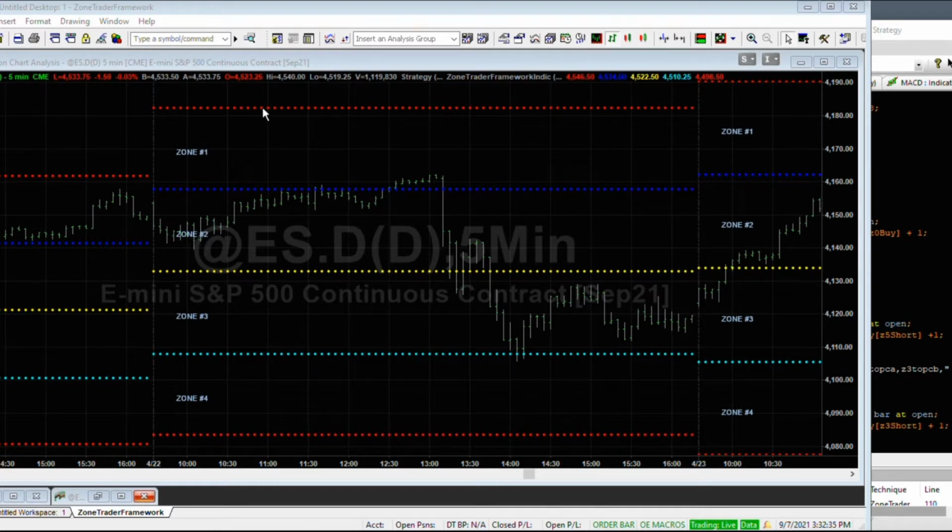This is Zone 1 top, Zone 2 top, or Zone 1 bottom, Zone 3 top, Zone 4 top, and Zone 4 bottom. And I've created a nomenclature that makes it easy to go in there and program trades based on the crossing of these zone boundaries.